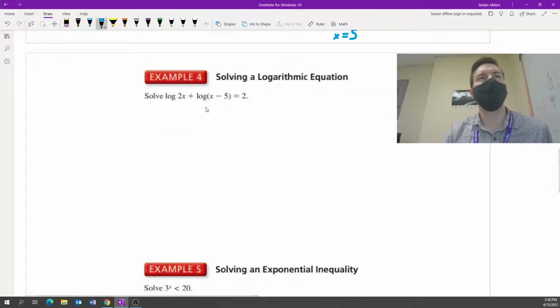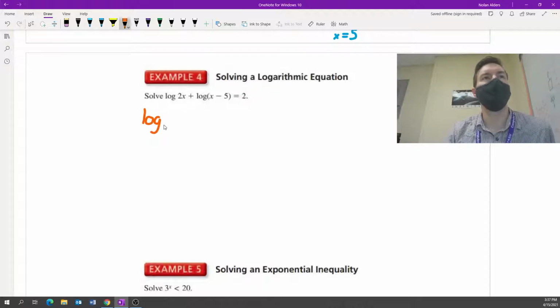Alright. Looking down at this next one, we're going to use one of our logarithm properties from the last section. Since this is a log plus a log, we could condense this into one log. And remember how we condense, we kind of work backwards on our logarithm properties. So we could put this into 1 log.